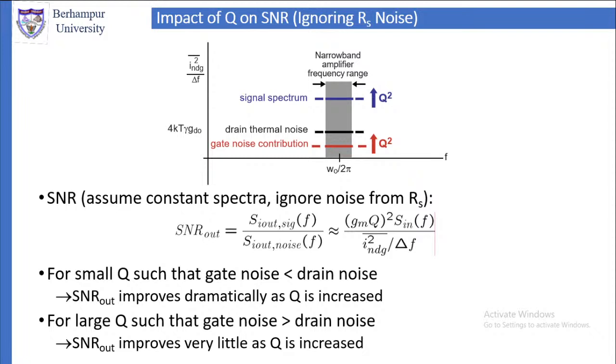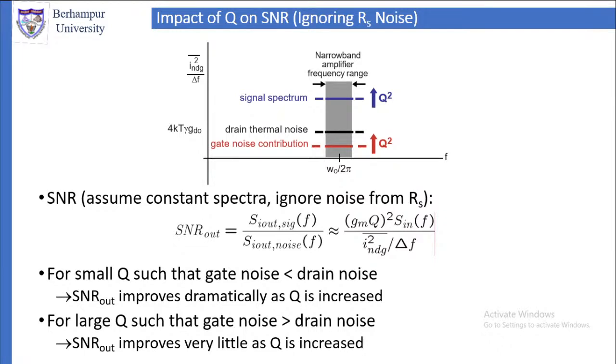So SNR, assuming constant spectrum, ignoring the noise from Rs. So SNR output is equal to SNR I out signal frequency divided by SNR I out due to noise. That is the signal SNR output. So this is the spectral density of the output current divided by the spectral density of the output noise.